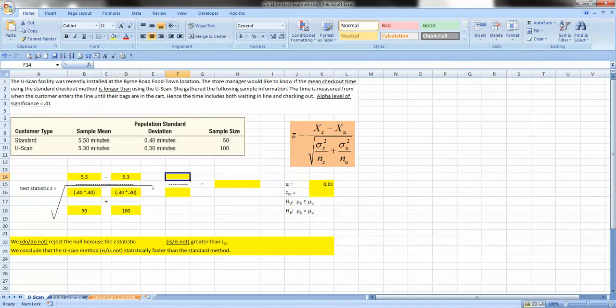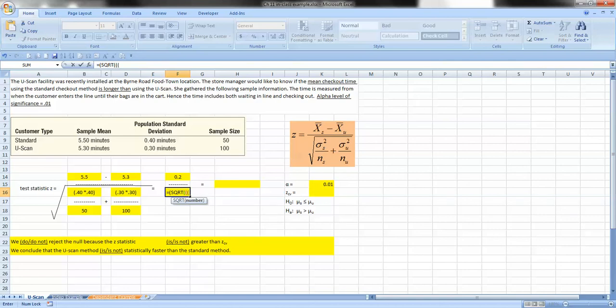Now, to do the formula to the next level, we'll just do the numerator and solve for that. And then we'll solve for the denominator, which has quite a bunch of parentheses in there, and I'll try to make sure I get them all.